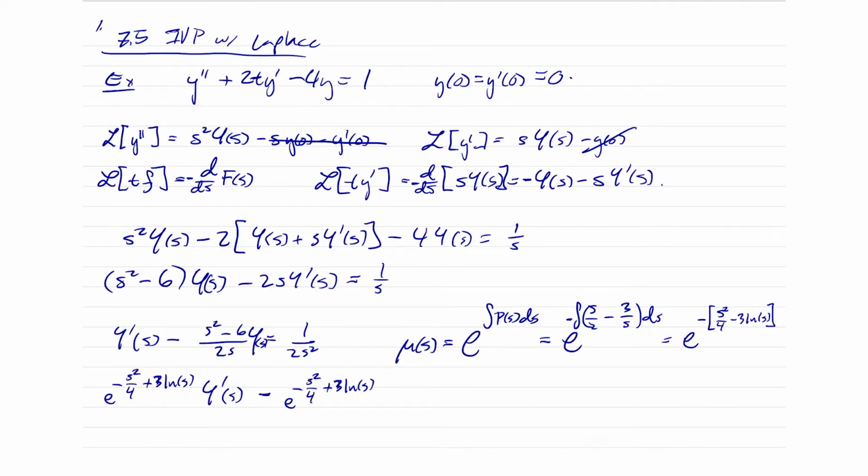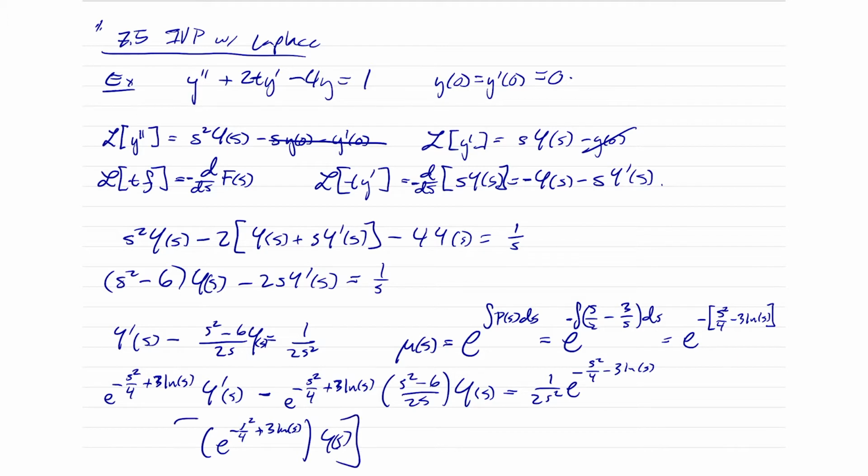And so we have minus this, we have s squared minus 6 over 2s times Y of s, 1 over 2s squared, and times e to the minus s squared over 4 minus 3 ln of s. There, so that's what we have. Okay, so left-hand side just becomes e to the minus s squared over 4 plus 3 ln of s, and this times Y of s.